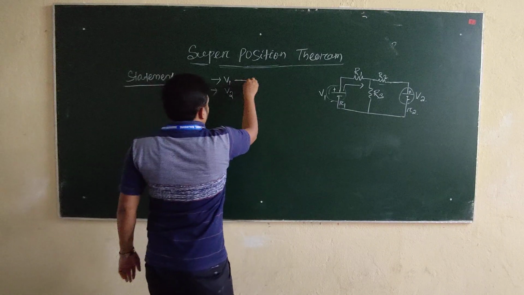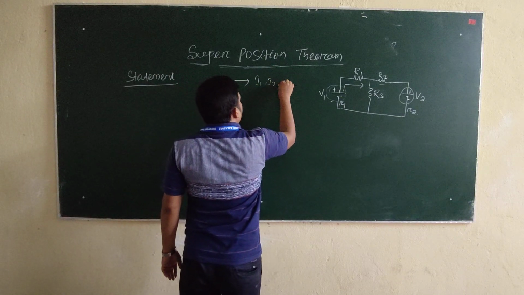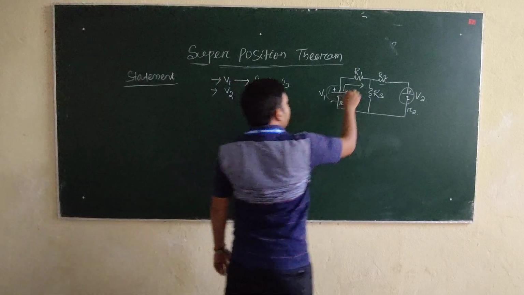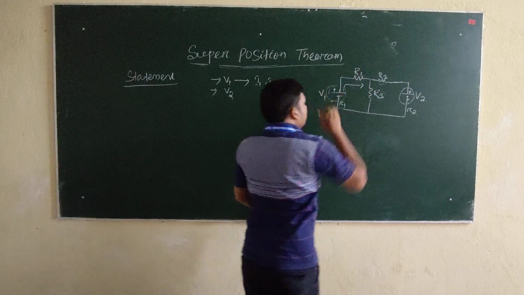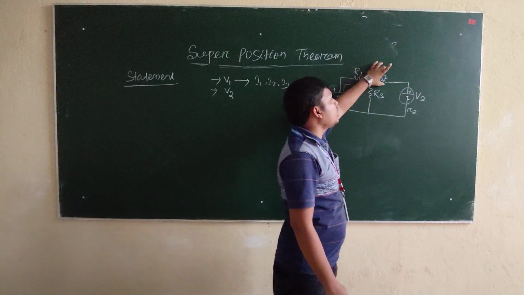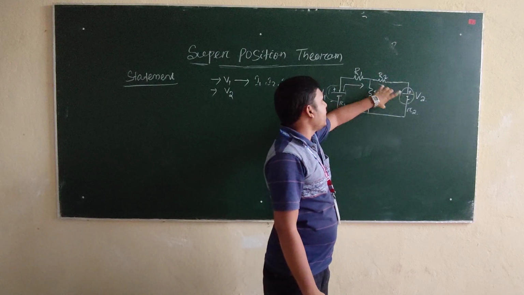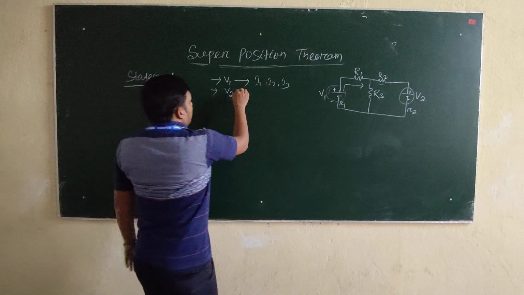From V1 we get I1, I2 and I3, because here we have three resistances. Let the currents flowing in R1 be I1, R2 be I2 and R3 be I3.